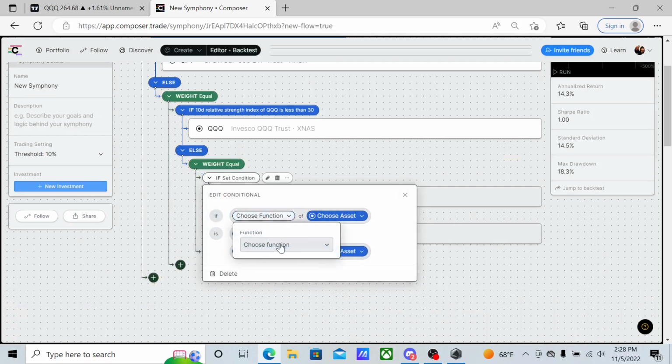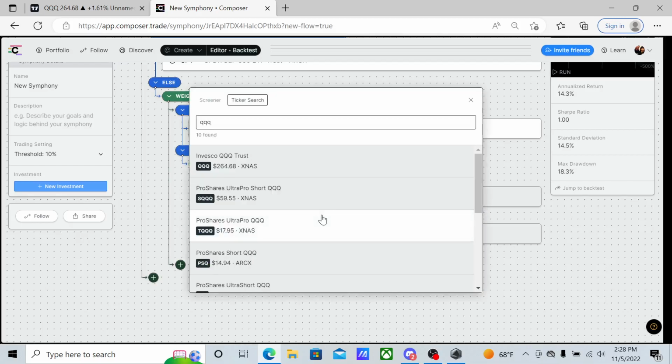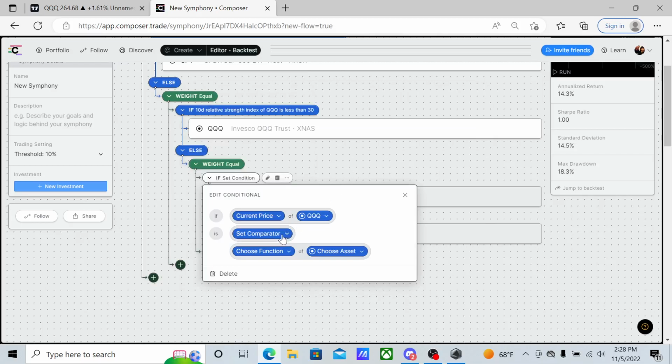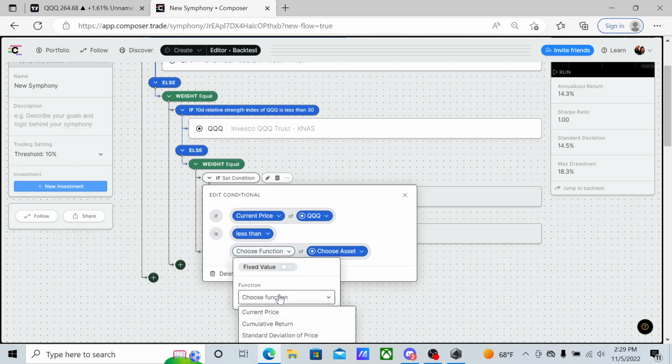And plug that in. So the current price, QQQ, is below or less than its 20-day.